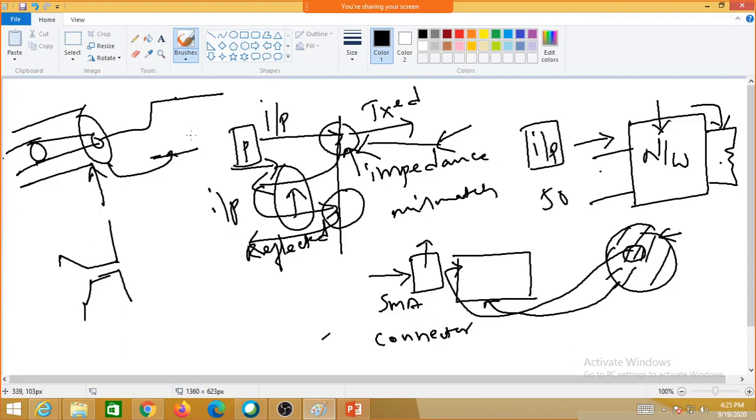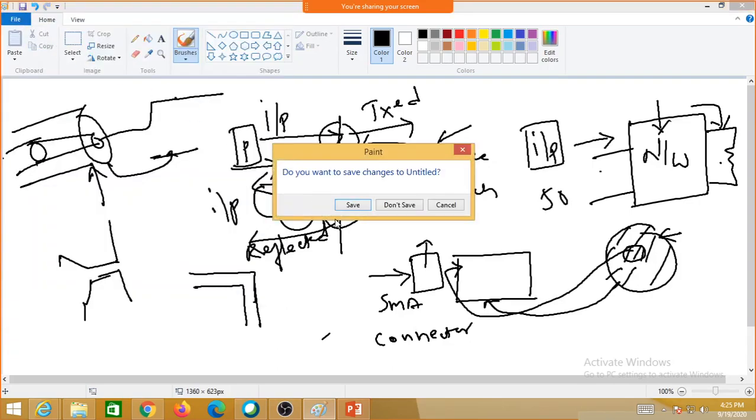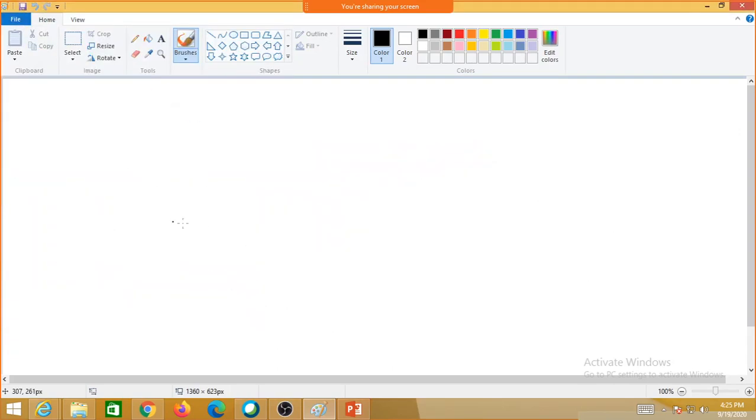Another type is a bend. If you have a transmission line like this, a very good example is a step in the transmission line.